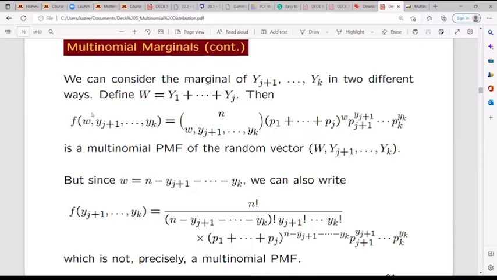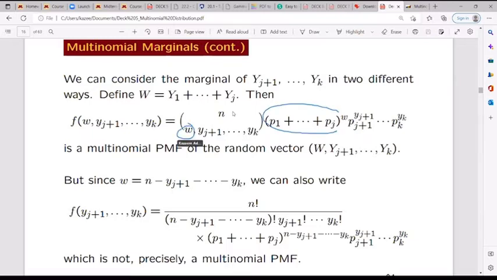So based on this, if I want to write our multinomial distribution, it is going to be n. Don't forget, take a look at this. These are two entities, so it's going to be n combination w and the rest. You remember the formula of multinomial, right? And then p1 up to pj raised to the power w.